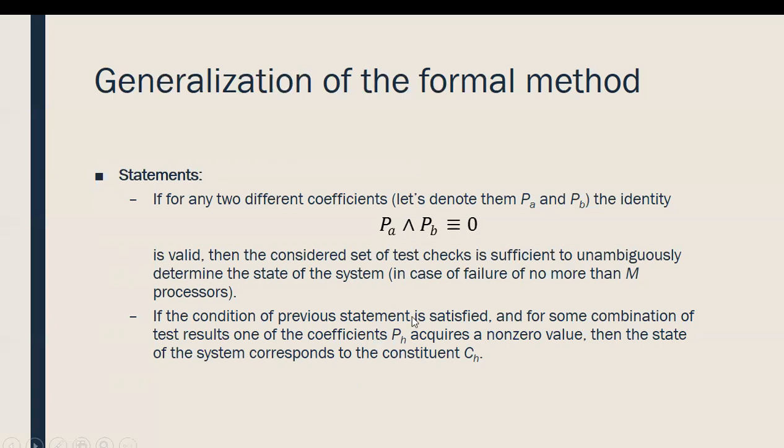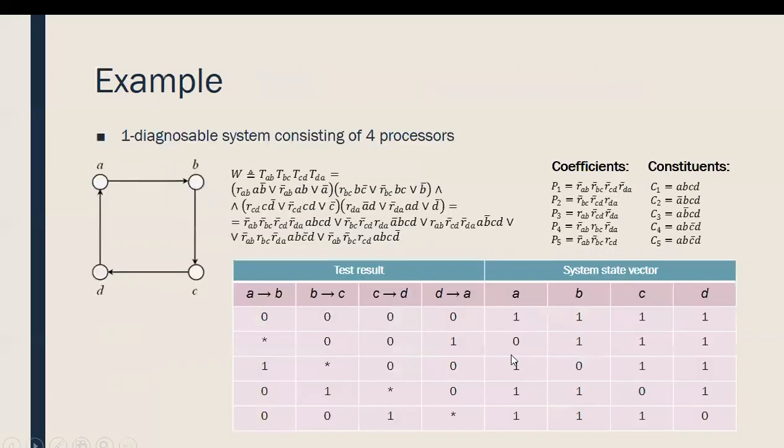So we just need to find a coefficient that will be non-zero, and then we can just take the appropriate constituent, and it corresponds to some state vector or some state of the system. So let's consider one demonstrative example. In the original paper, you can find more examples for different cases. Here we will analyze only one simple example.